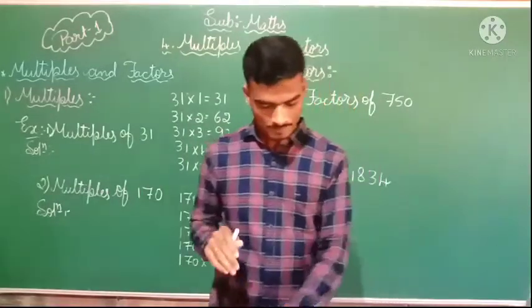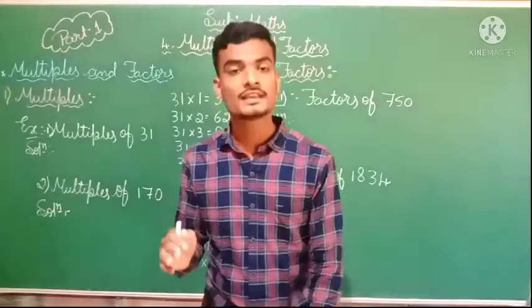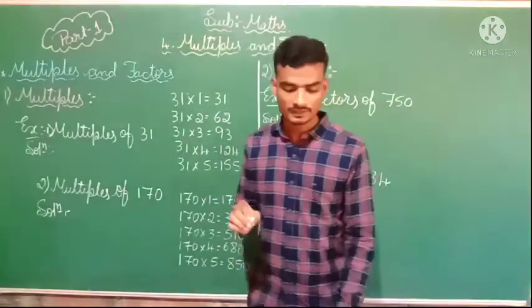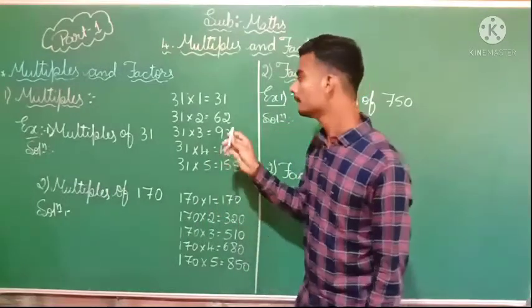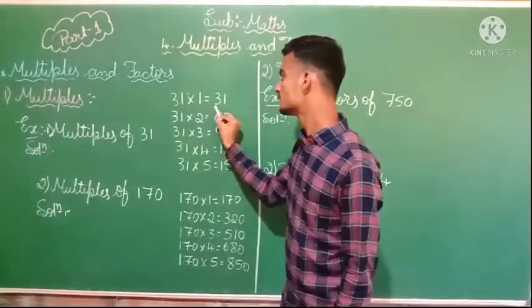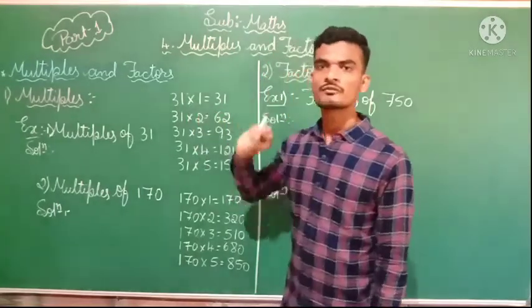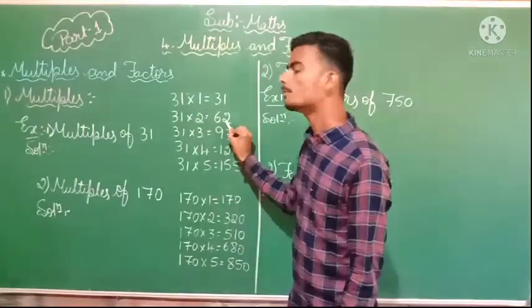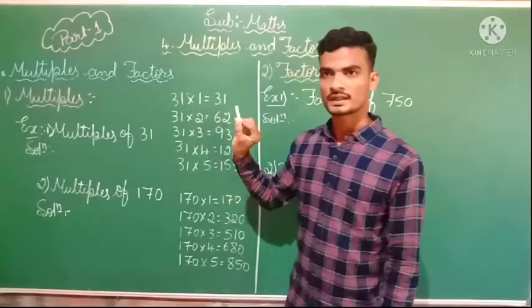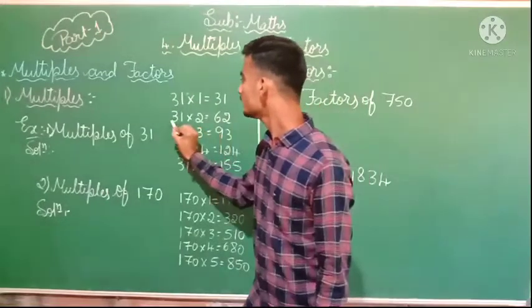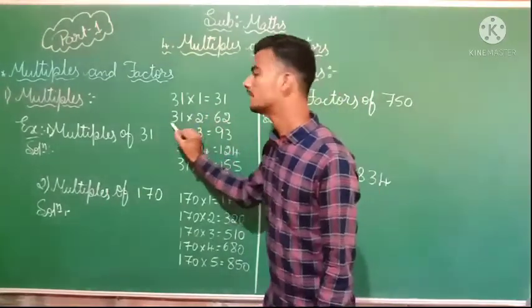Then factors are the numbers that are multiplied to give a product. See here, 31 is the product of 31 into 1. Now 62 is the product of 31 into 2. In this way we find the products by these multiples.